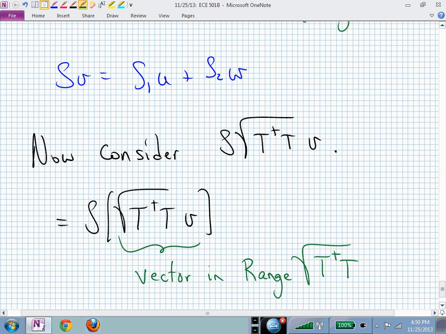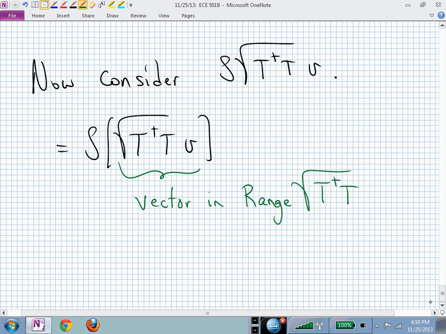So as long as that vector is in the range space of this positive square root of T dagger T, then we can rewrite that equivalently as S1 positive square root of T dagger T v.